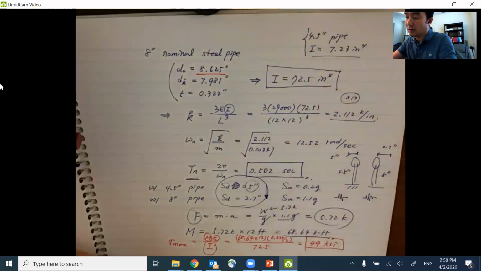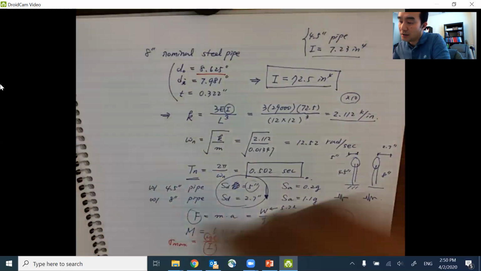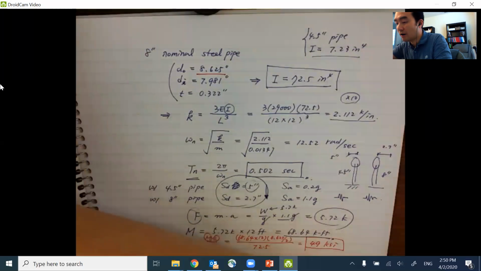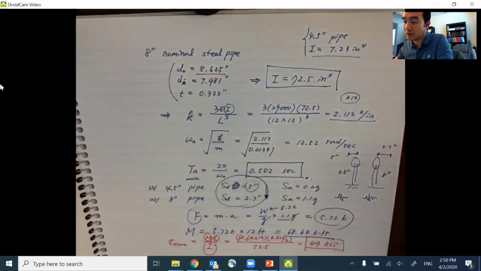Okay, so look at the description in the solution. It says, using the 8-inch diameter pipe decreases deformation from 5 inches to 2.7 inches. However, contrary to the designer's objective, the bending stress increases slightly. So this example points out an important difference between the response of a structure to earthquake excitation and to a fixed value of static force.